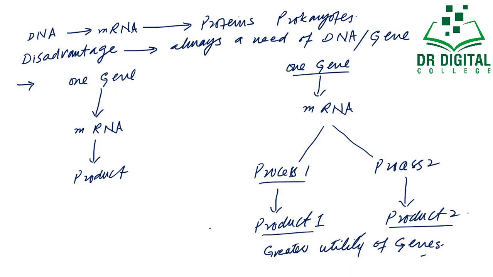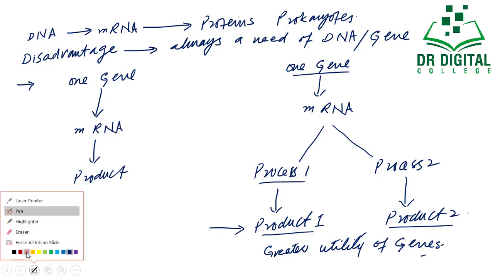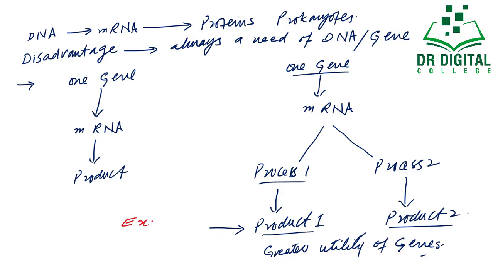So we can quote one example of this one. Say for example, there is calcitonin and CGRP.